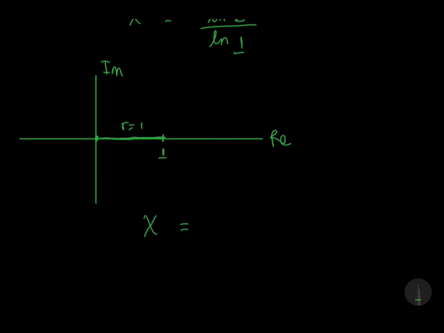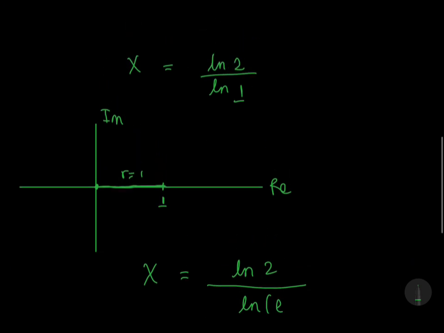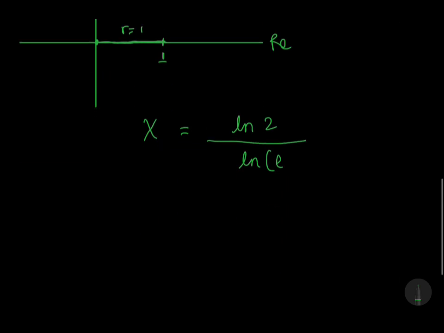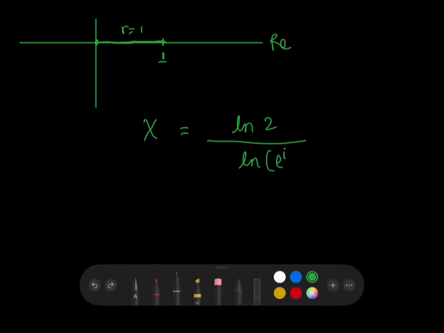So this will be ln 2 over ln e, and then we will have 0 as our angle, so here is 0, 0.